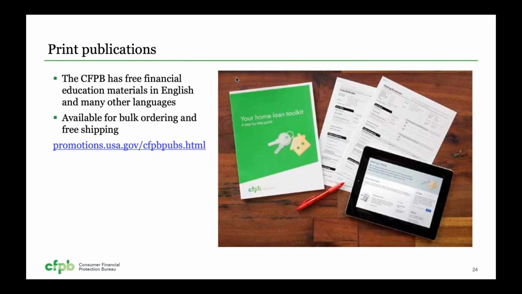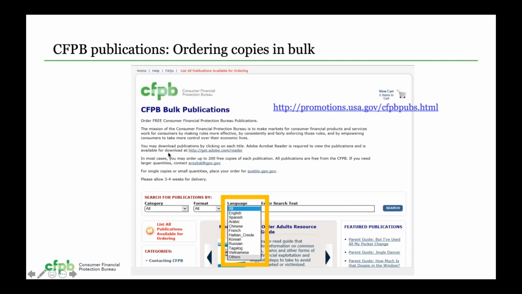The CFPB has many print publications that you can bulk order for free. You can go to this link here, promotions.usa.gov/CFPBpubs.html, and you can order the publications.